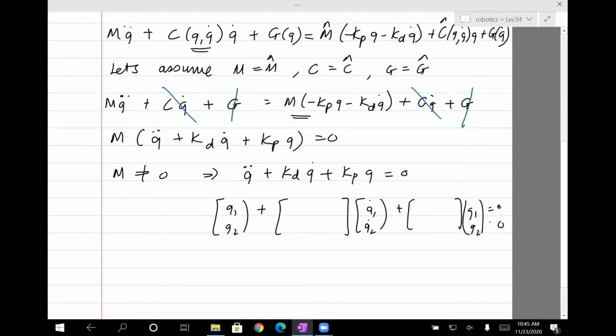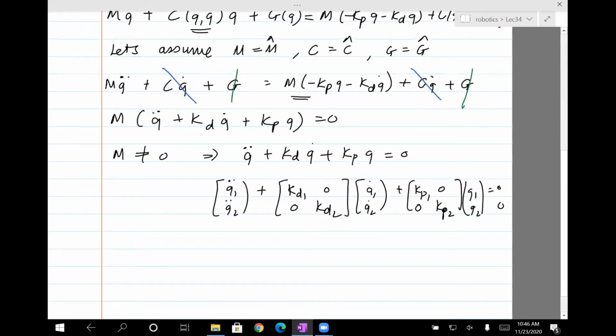So instead of writing a full-blown, fully populated matrix, I can write this as KD1, 0, 0, KD2, and the same here, KP1, 0, 0, KP2. And I can do that only because I have full control and flexibility in choosing the values for these matrices.